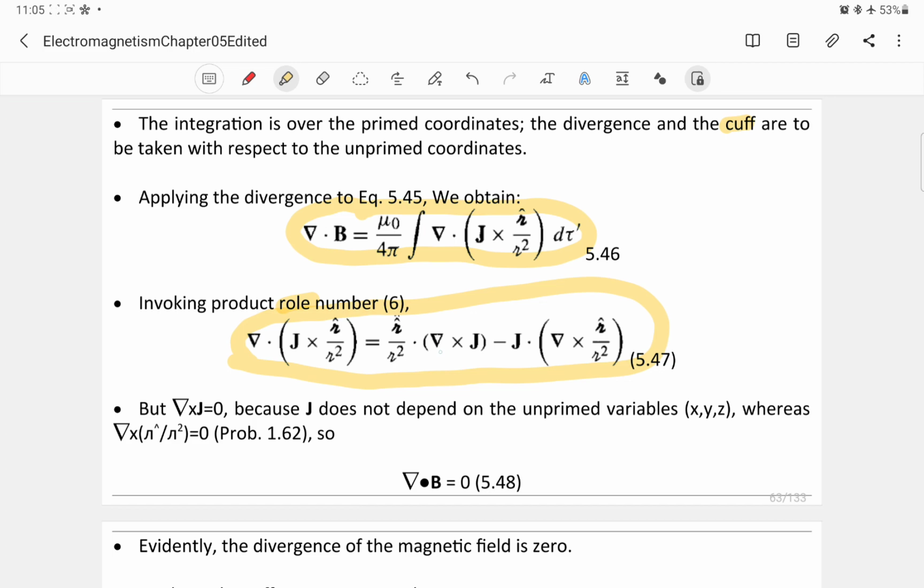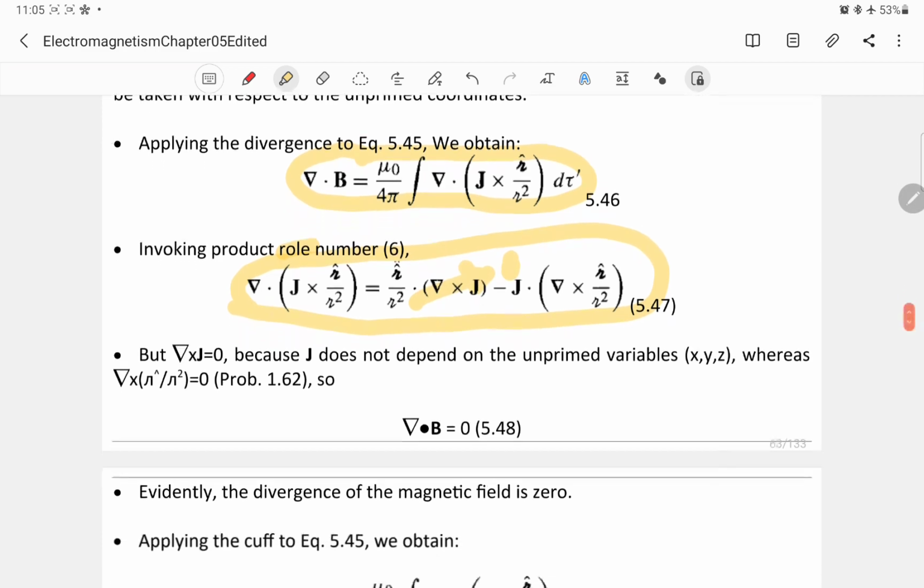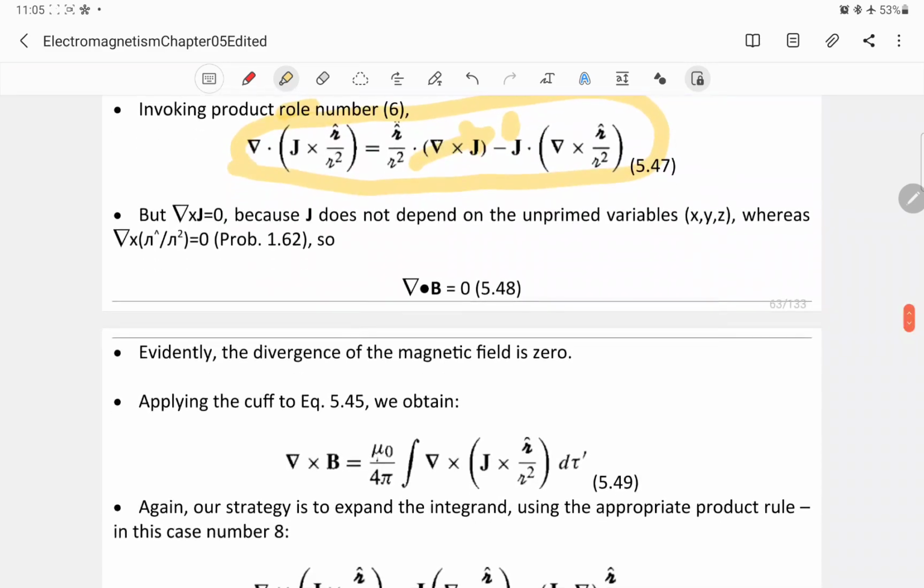So this is 0, and therefore the divergence of B is equal to 0, since you also have this to be 0. So the divergence of the magnetic field is always 0.